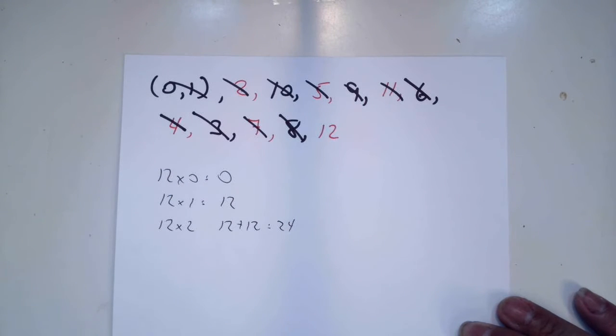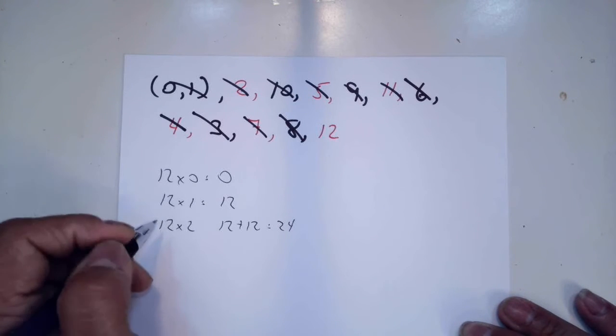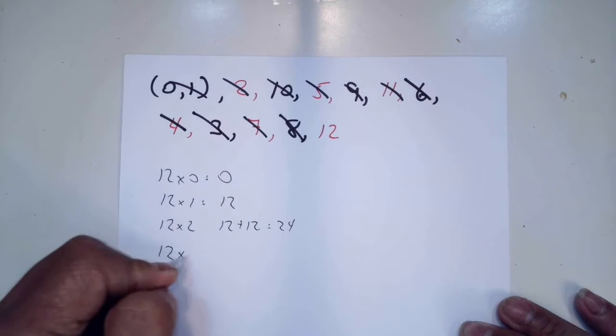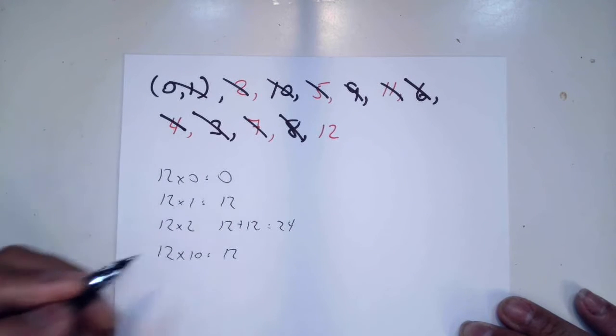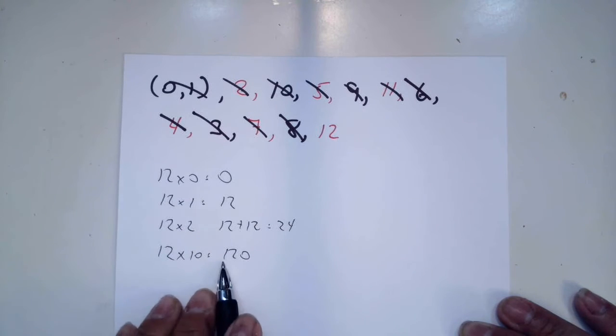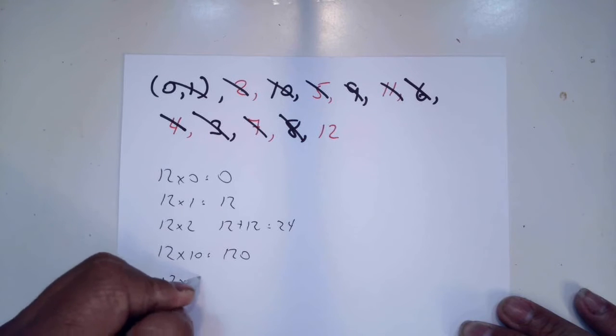You learned the doubles in second grade here in Texas. 12 times 10, I said it's the other number with the 0 at the end. So it's 120. 12 times 5.